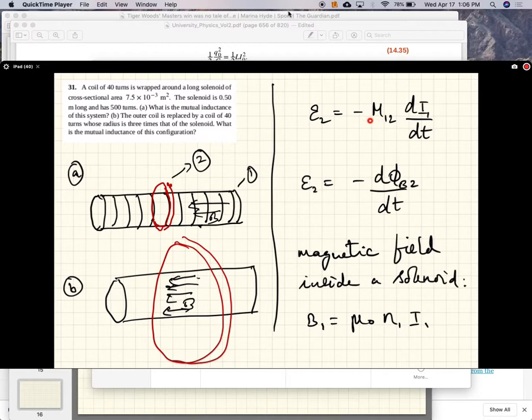That is the multiplicative factor. So for this to be significant, you'd have to change the current quite fast here, because this is 10 millionth of a henry. That's the factor we calculated. If Fred and anybody else do not have any questions, we'll go to the next one.